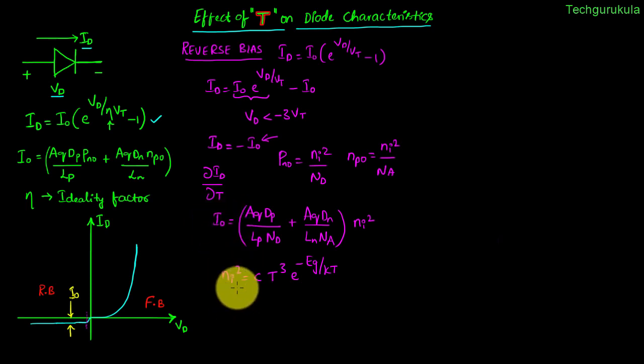Now substituting this Ni square into I0, we can write I0 as a constant, let's say C prime, times T cube times e power minus Eg over kT.